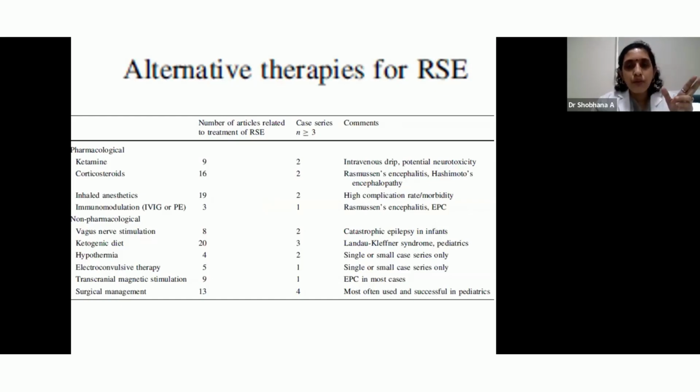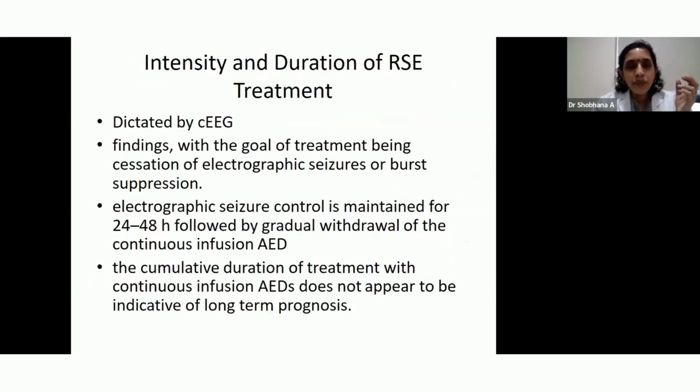And alternatives for refractory cases, often we use corticosteroids as well, or inhaled anesthetic agents, and even IVIGs are sometimes given. Along with that, you have to treat other conditions, like you have to address the diet. Sometimes ketogenic diet is used, and always treat the fever, because fever in the neurocritical care unit is a no-no, right?